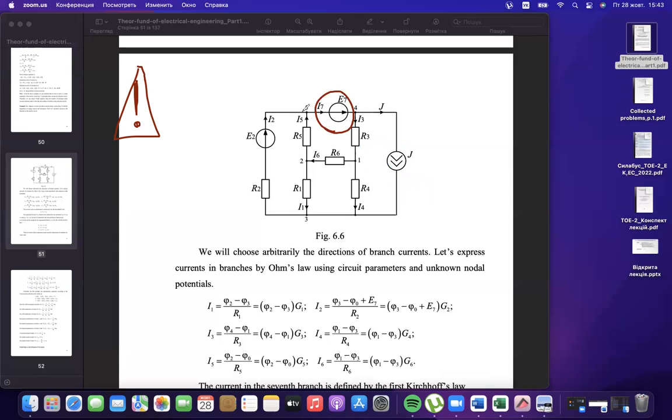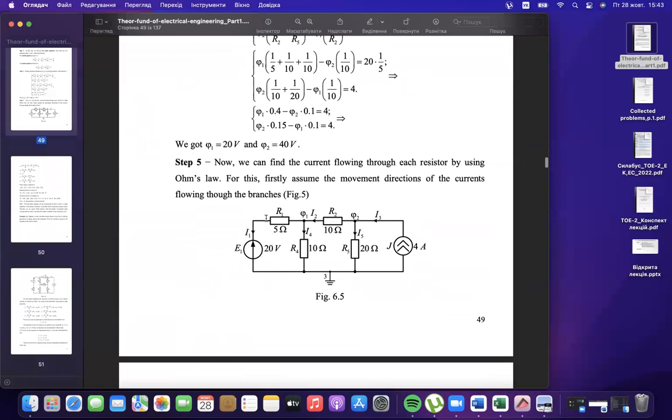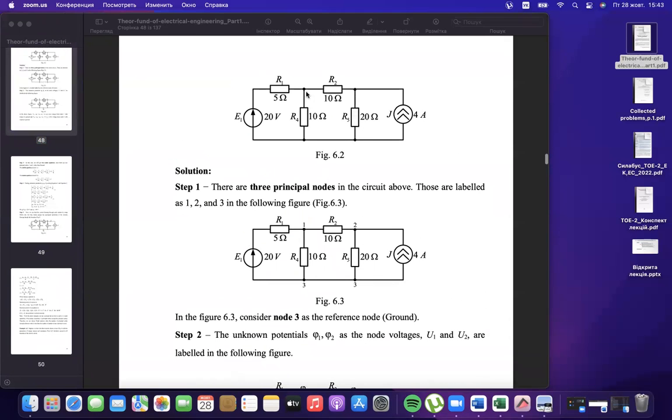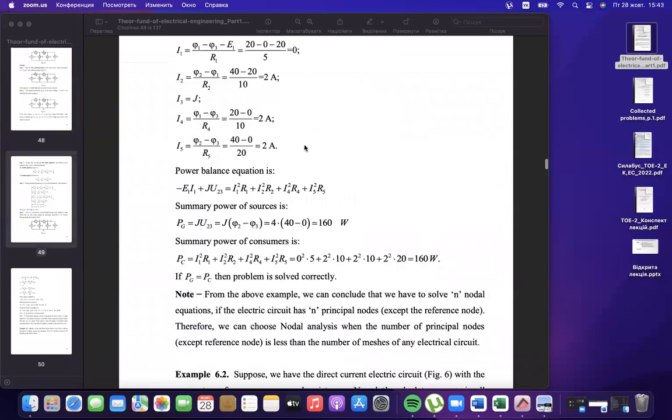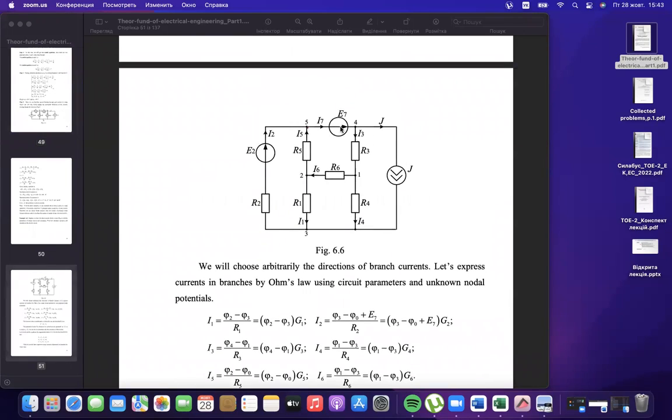resistance. If you look at the branch on the left, we have resistance here. Also, in the previous task, near each source, you have resistance. But in the case when you don't have resistance near a source, what conductivity will you get?